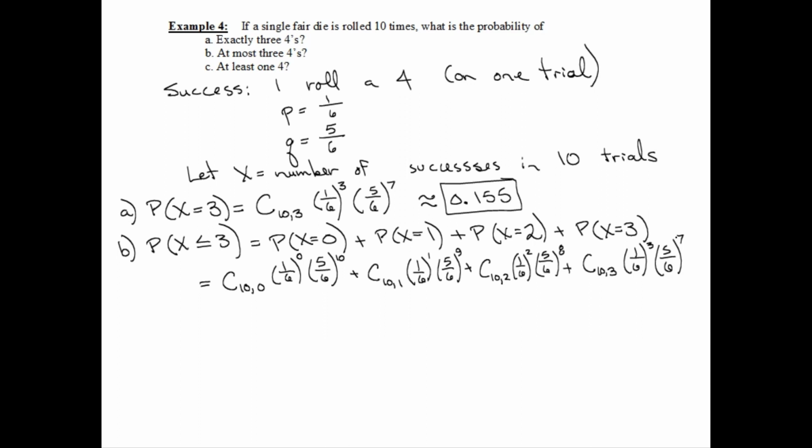Now you want to notice a few things here when you're punching things in. Combination 10, 0 means we're going to choose 0 of the 10 to be successful. That means they're going to choose the whole entire group. How many ways can that happen? Just 1, right? And what's any non-zero number raised to the 0th power? Also 1. So you want to save yourself a little bit of time by not punching in combinations when you don't have to.